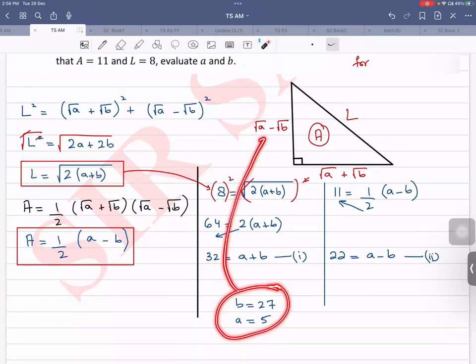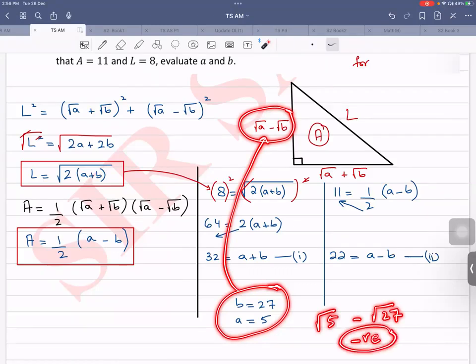Why? Because if you put it over here, square root 5 minus square root 27 gives a negative answer, and length can never be negative, right? Yes.